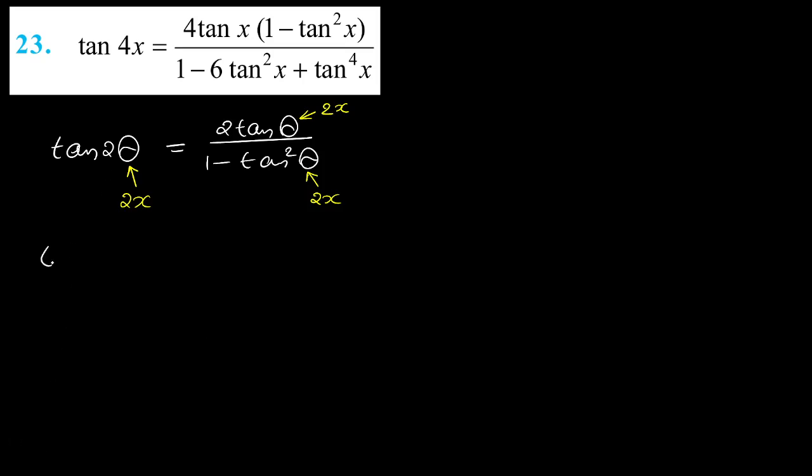So left side will be tan of 4x. Right side, the theta is replaced by 2x: 2 tan 2x divided by 1 minus tan square 2x.